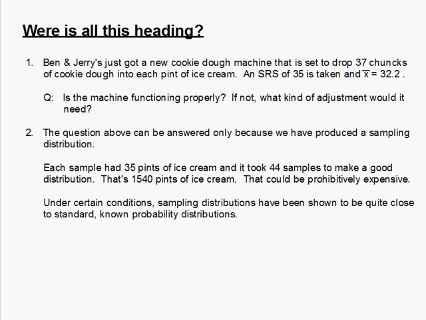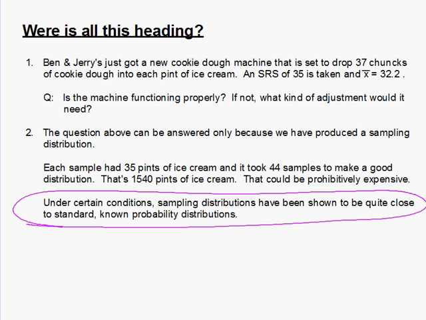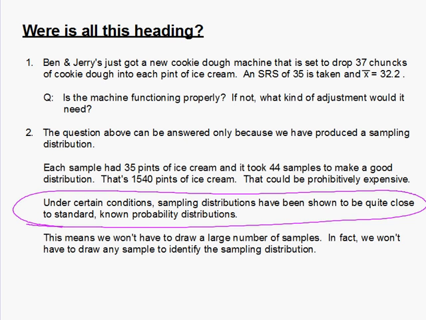Now, very important, under certain conditions, that's an important statement, sampling distributions have been shown to be quite close to standard known probability distributions. This is crucial. Right? What it means is that we won't have to draw a large number of samples.